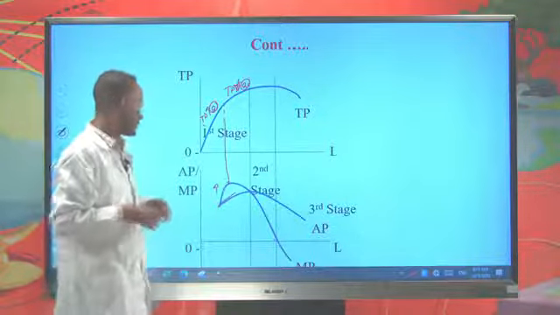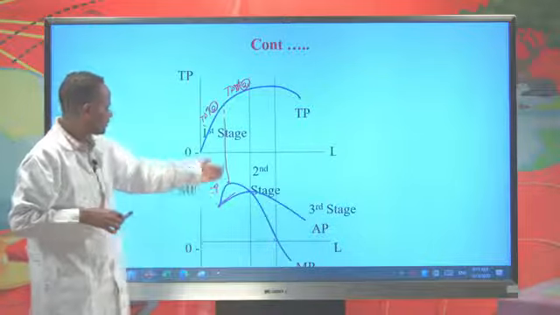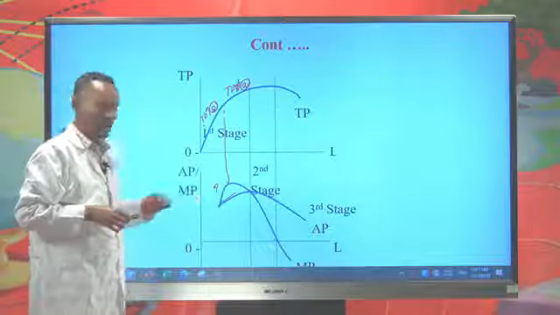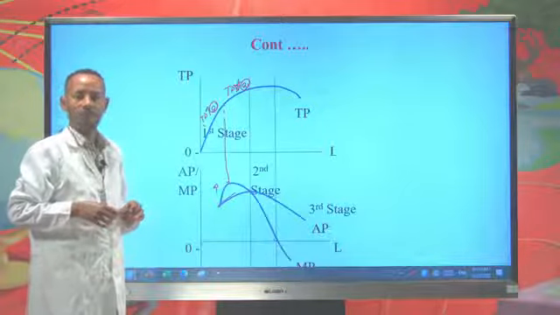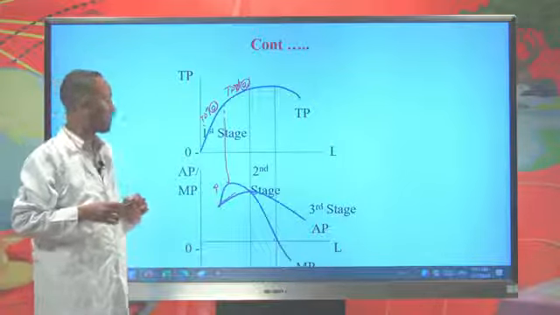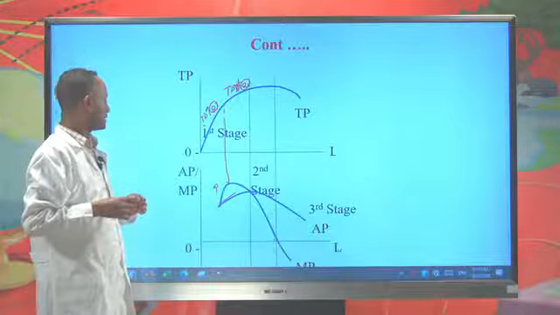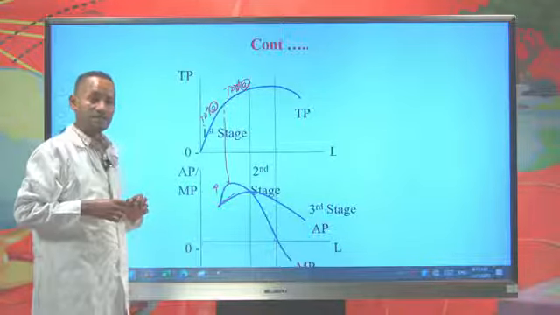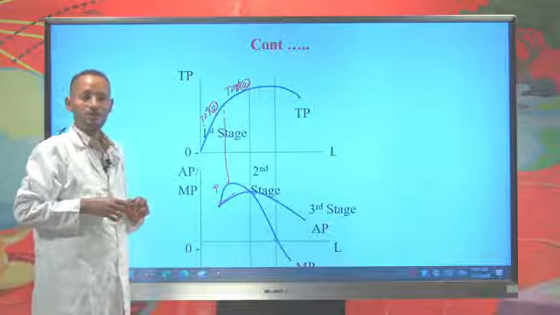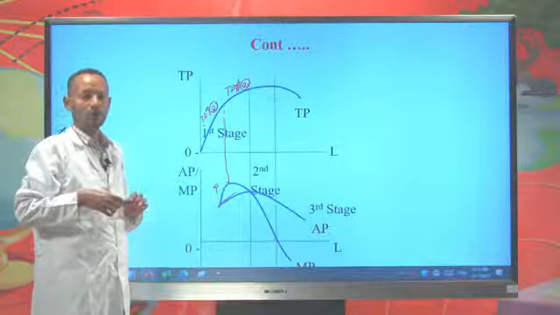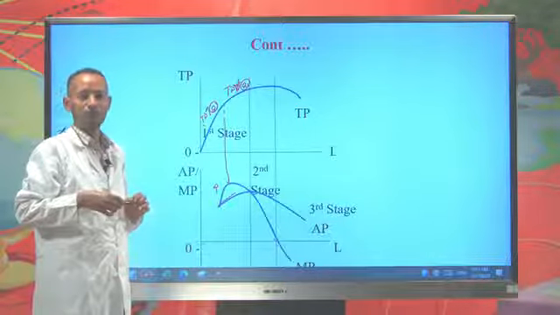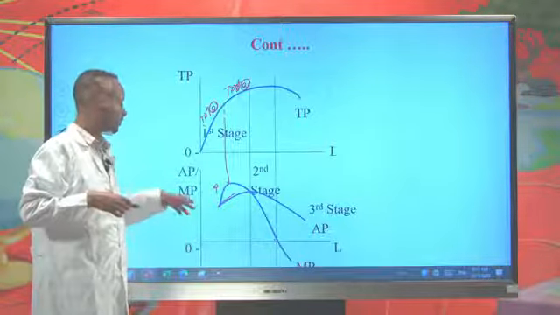In the first stage of production, the marginal product of the variable input labor is always above the average product of the variable input labor. Hence, the firm is advised to employ more variable inputs because the firm is getting more output from the employment of more variable inputs.